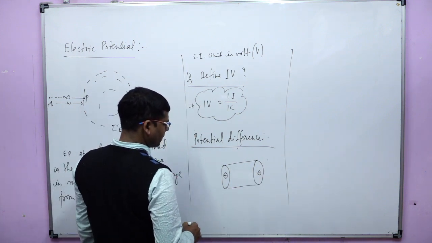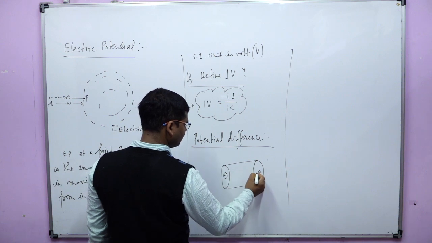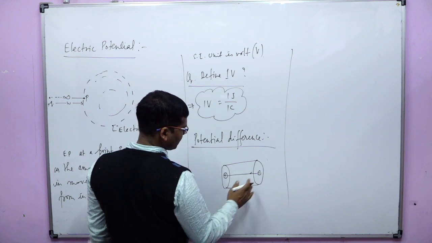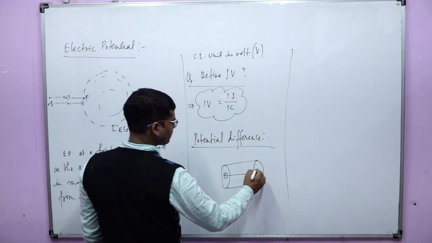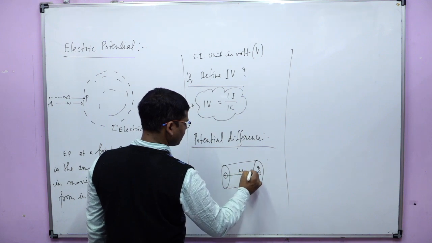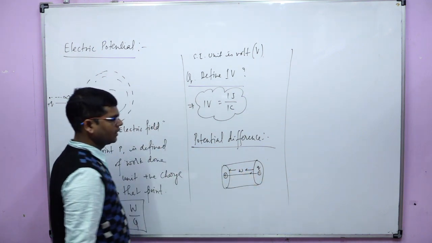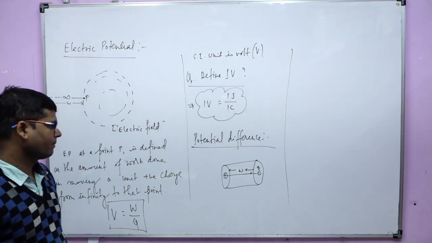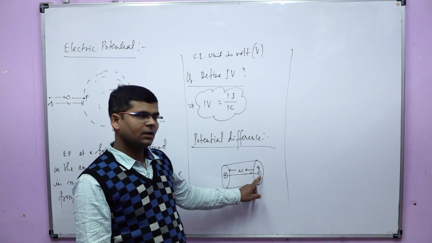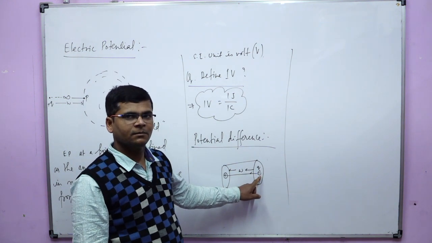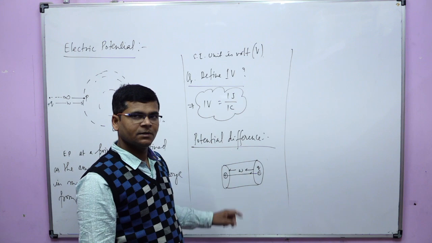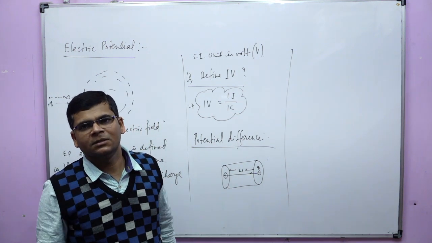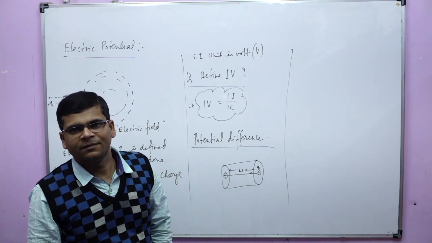So if the electron has to be carried, and in doing so, how much work is getting done, that will give us the amount of potential difference. Means the negative terminal may have some higher potential, the positive terminal may have some lower potential. So the difference between these potentials, we call potential difference.